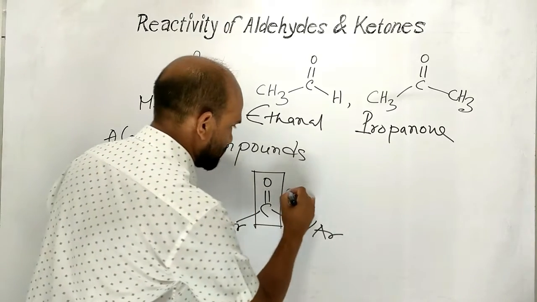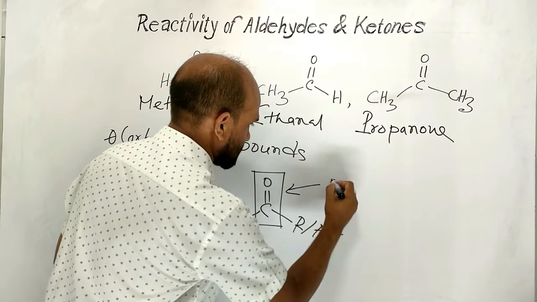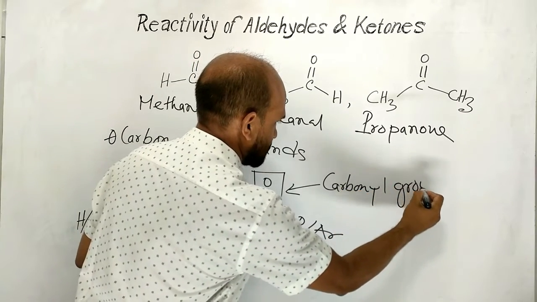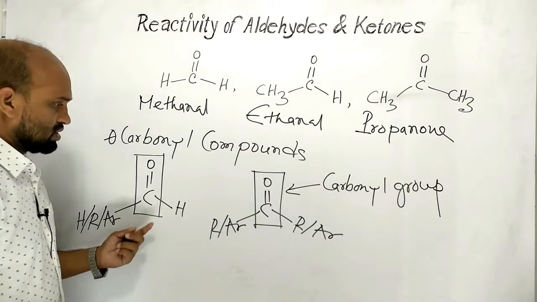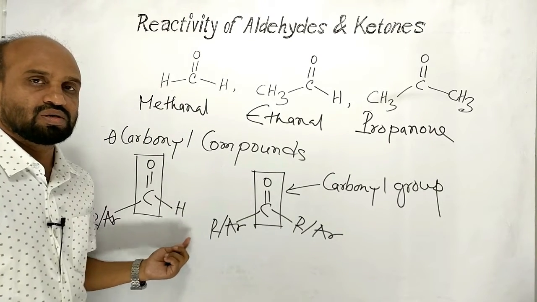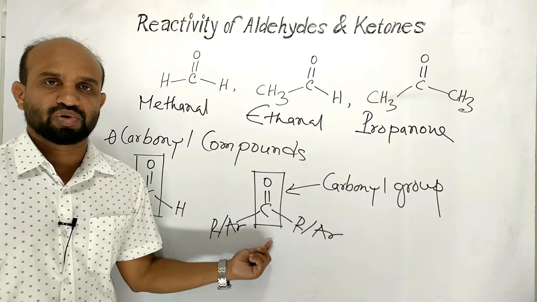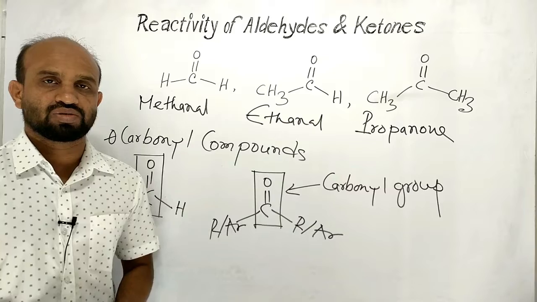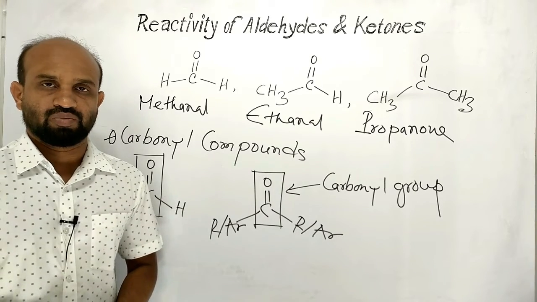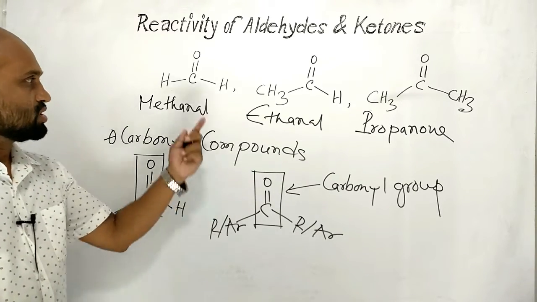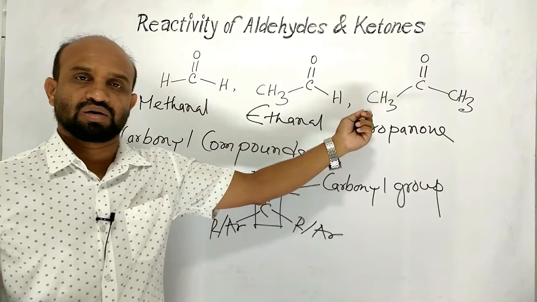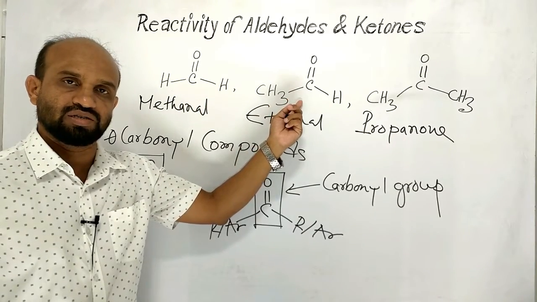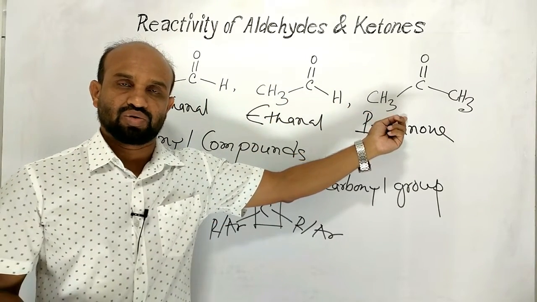This CO group is known as the carbonyl group, and the compounds containing a carbonyl group, that is aldehydes and ketones together, are called carbonyl compounds. So these three compounds are carbonyl compounds. These two compounds are aldehydes and this is ketone.